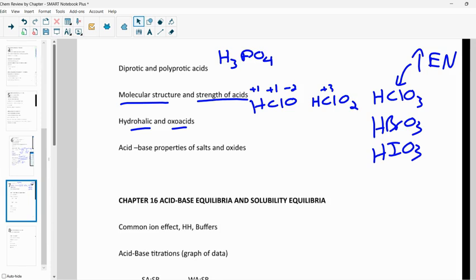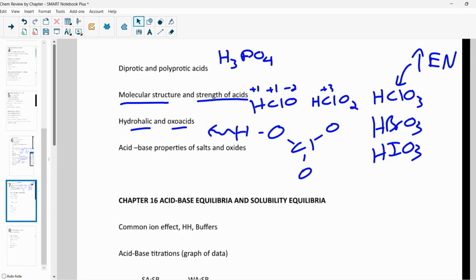Meaning that it would like pulling everything closer to the harmony of the system. So you end up with the Cl like this, and it ends up pulling the electrons in tighter overall and making this bond more polarized. And now, since that's more polarized, it's easier for the H plus to ionize away.